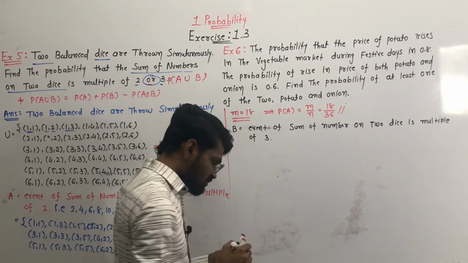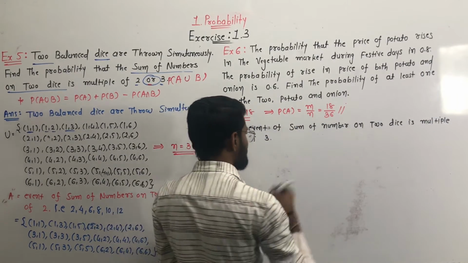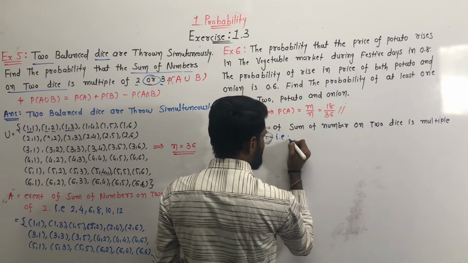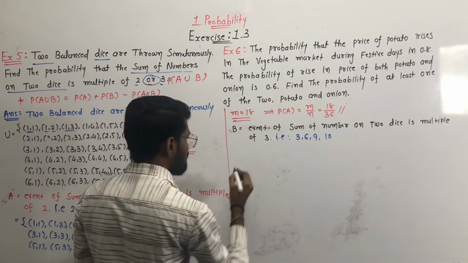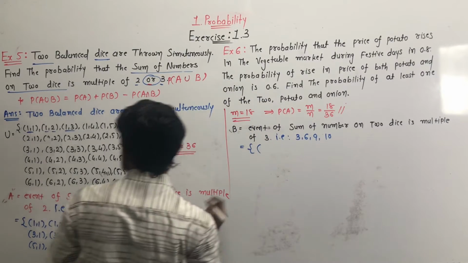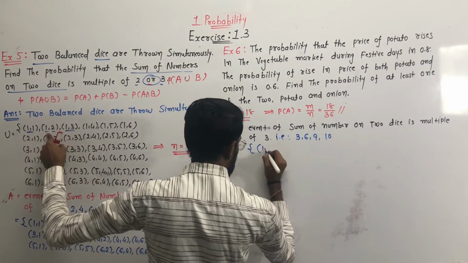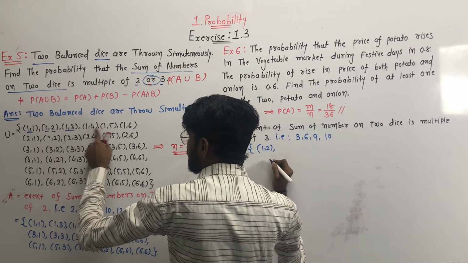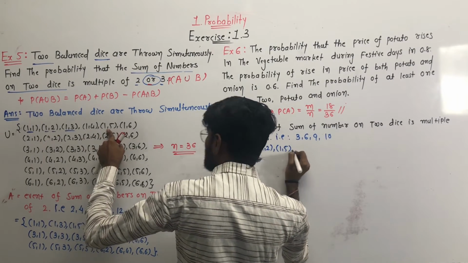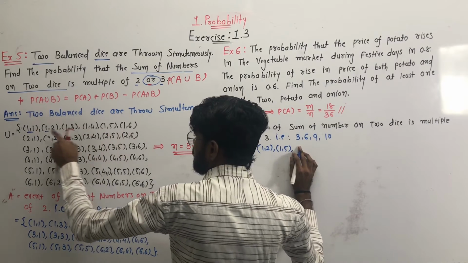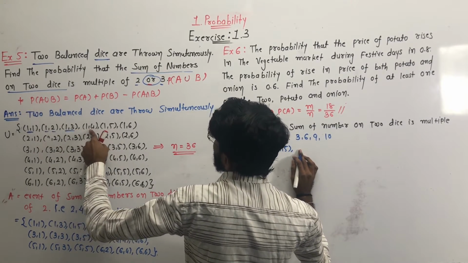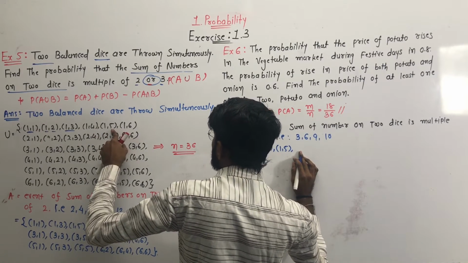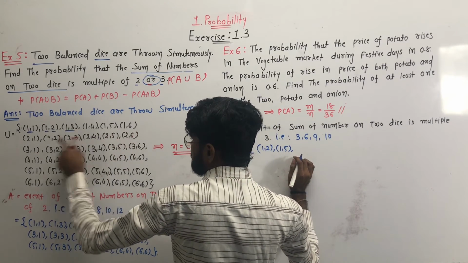Yes, when is it a multiple of 3? When the sum is 3, 6, 9 and 12. So our sample space for the event B is that 1 2, then 1 5. Clear? Okay, 1 2, 1 plus 2 is equal to 3, 1 plus 4 is equal to 5, 1 plus 5 is equal to 6.